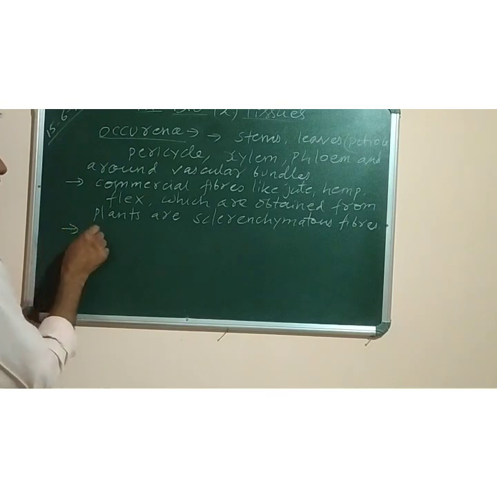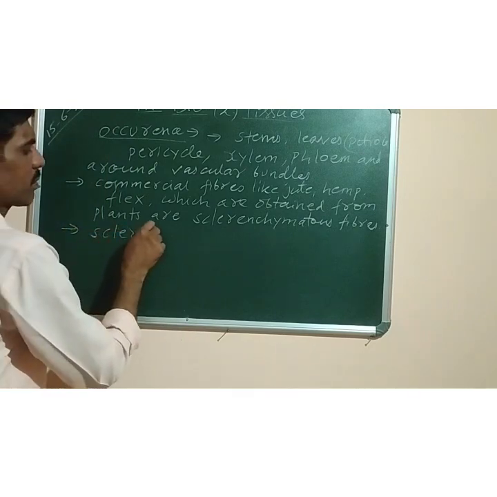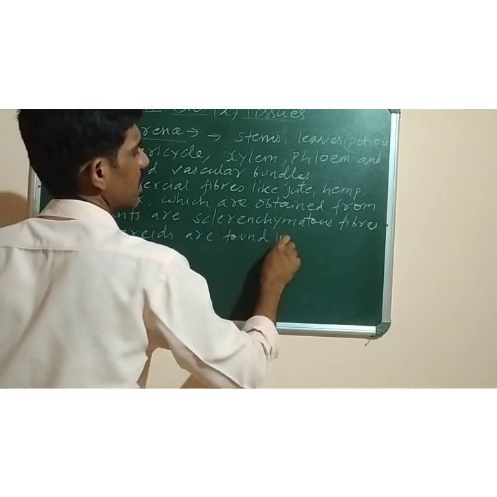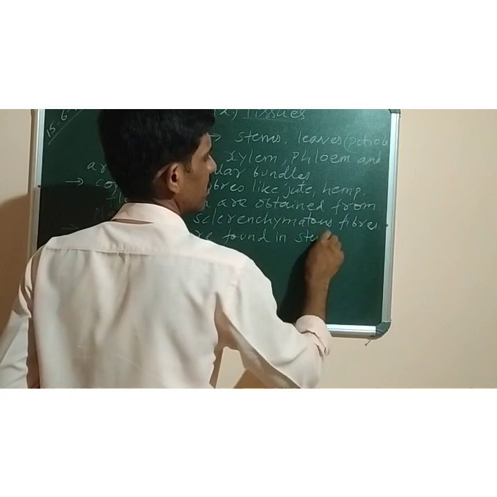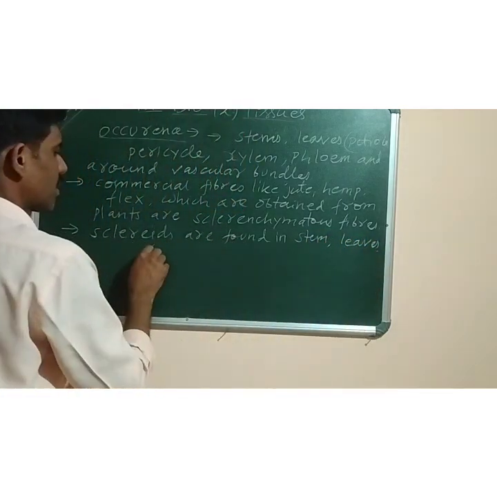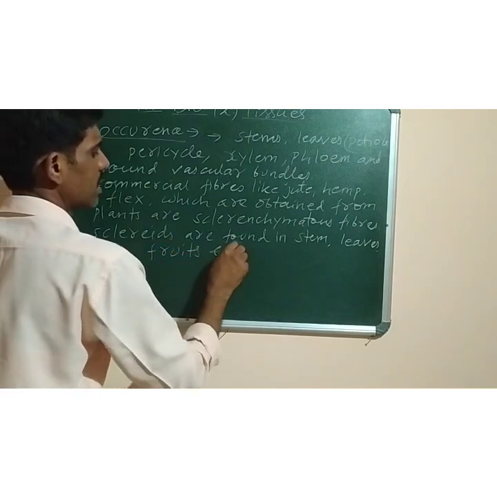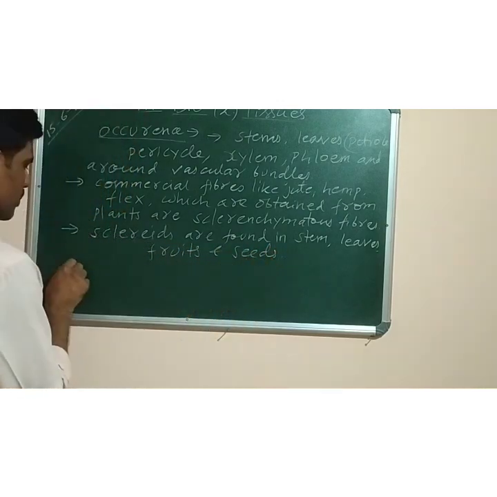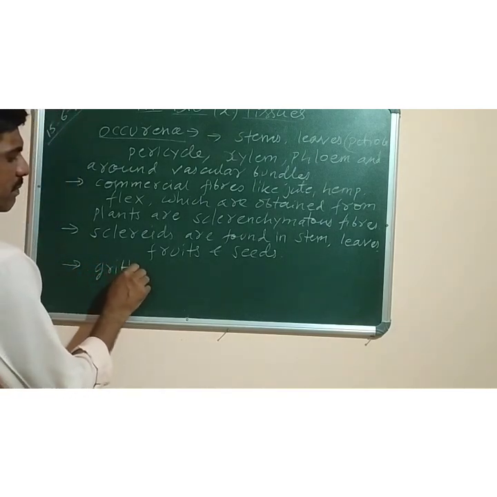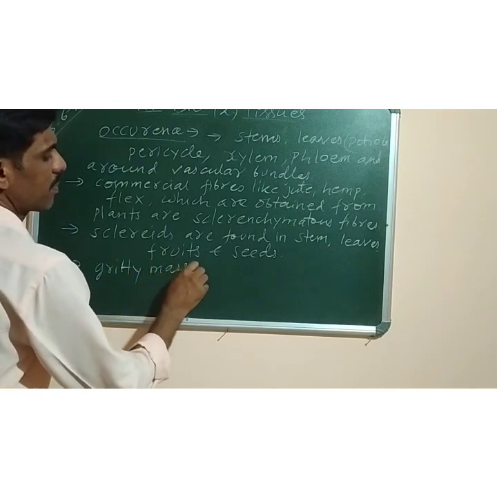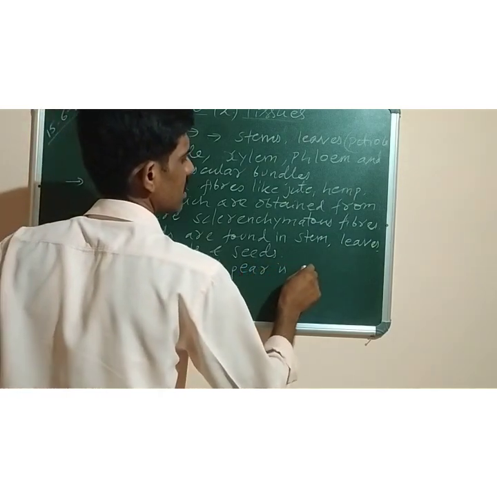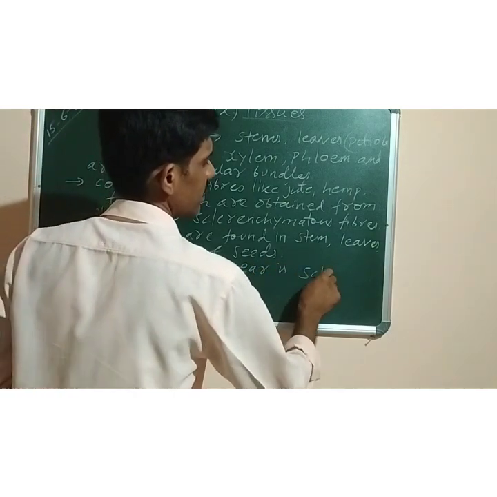Then next is sclerites, which is also a type of sclerenchyma tissue, present or found in stem. It is found in the leaves, fruits, and seeds. And last point, the pulp of pear, the gritty masses, that is the hard part of pear, is a sclerite.